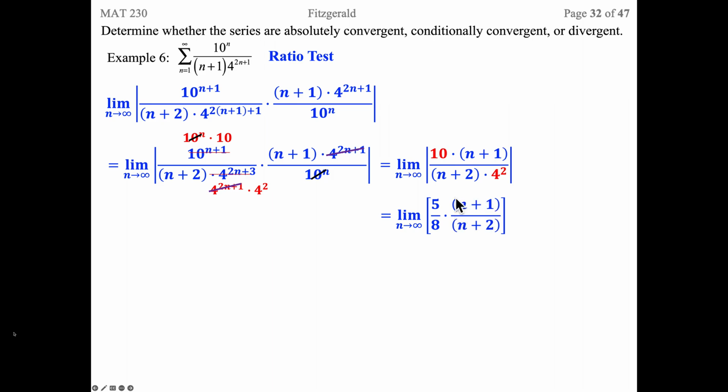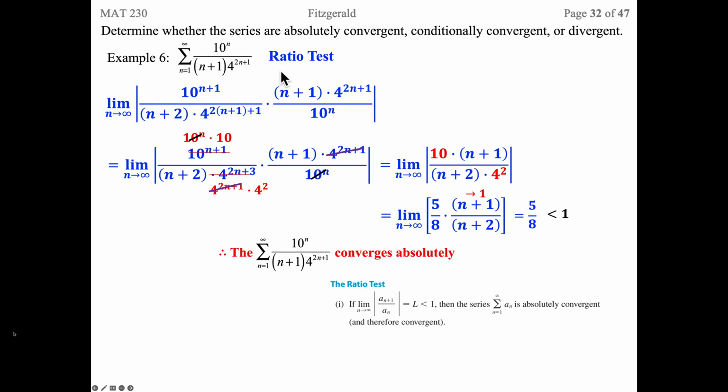So that fraction here is approaching 1. So 5/8 times 1 is 5/8, and 5/8 is less than 1. So we're back to case 1, where our original series is going to converge absolutely. So you have absolute convergence. And that wraps up our ratio test examples.